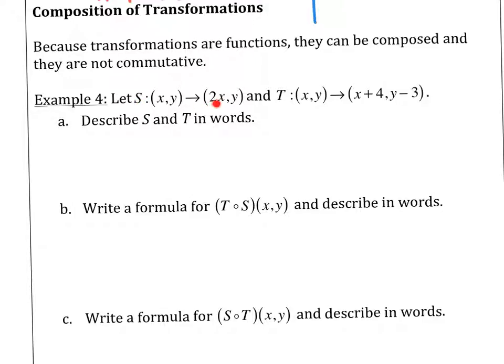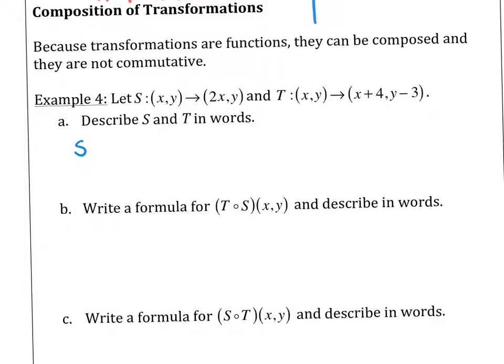So notice what happens here, that we're doing a horizontal stretch by 2. And this translation is I'm going to shift right 4 and down 3. So we can actually describe that in words, exactly what I just said there.